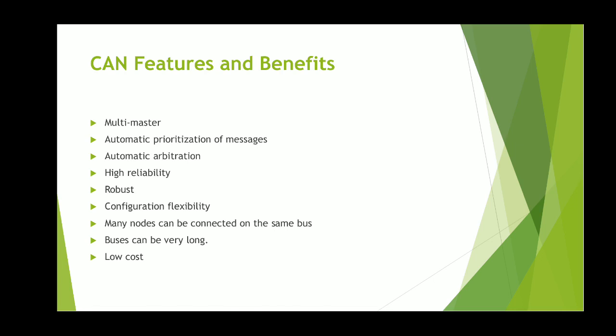It also allows flexibility in the configuration of the CAN nodes. Since the CAN bus line is made of simple twisted pair lines and the CAN nodes are arranged in parallel, we can add and remove nodes very easily.